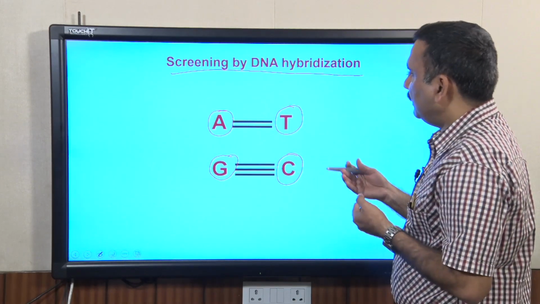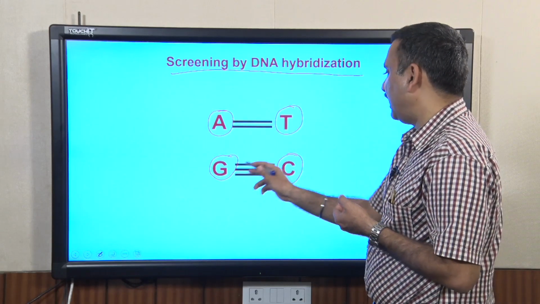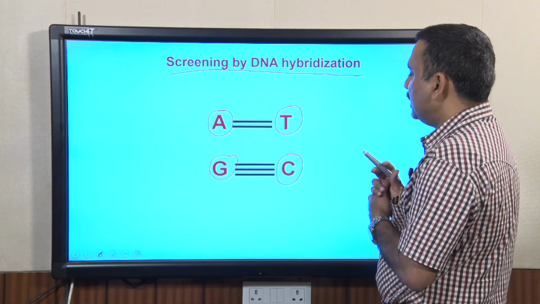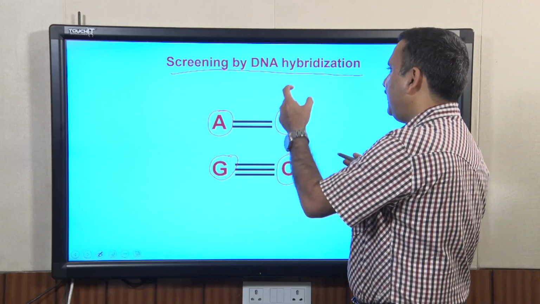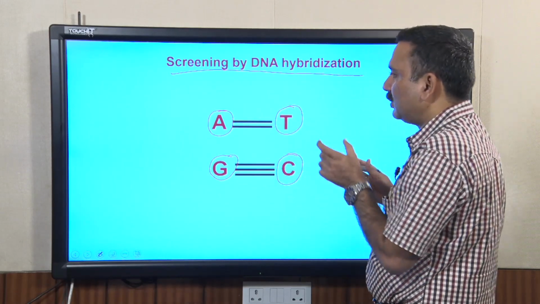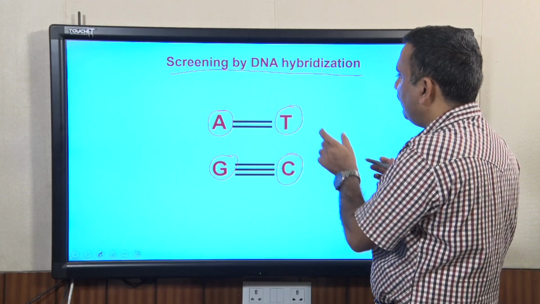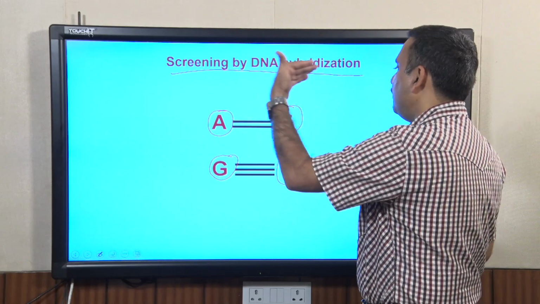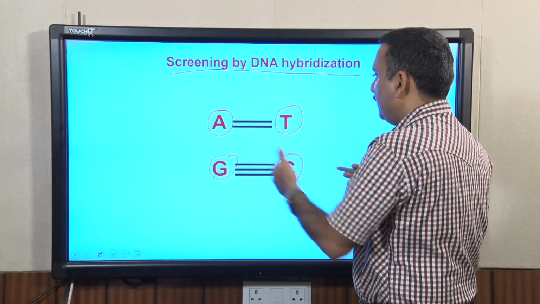But as we know that this is a specific base pairing, you can use a particular DNA stretch to isolate a clone which contains the complementary DNA in the bacterial cell.